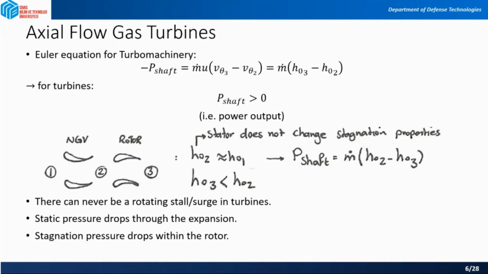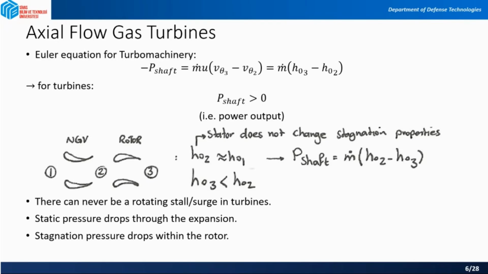So if you look at the configuration, you will see some nozzle guide vanes and then the rotor blades. In the nozzle guide vanes from station 1 to station 2, you see that the stator does not change the stagnation properties, so your stagnation enthalpy remains constant. That's why we are writing the power of shaft is equal to the difference of the total enthalpy from 2 to 3.